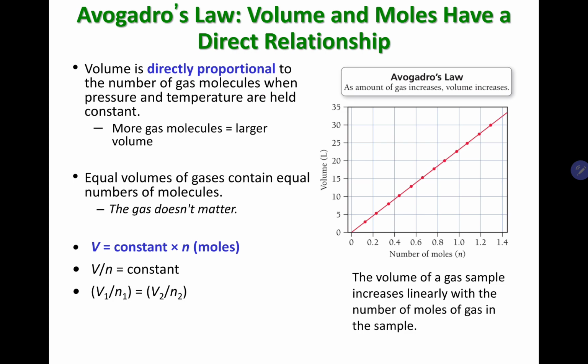Basically, Avogadro's law is somewhat similar to the three other laws that we discussed earlier, which are known as Boyle's law, Charles' law, and Gay-Lussac's law. If you remember those previous three laws, in those three laws we kept two of the four gas parameters constant.